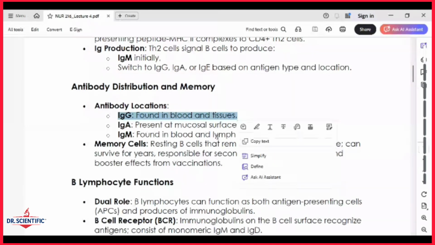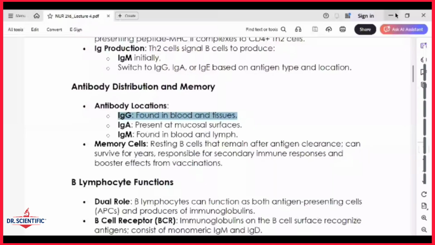IgG, if you remember the diagram I showed you a few minutes ago, has other subtypes. So we have IgG1, IgG2, IgG3, and IgG4. You see where it is supposed to be dealing with antigens that are in the blood or in the tissues.